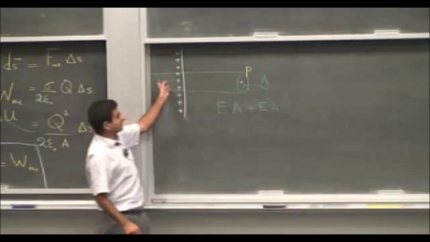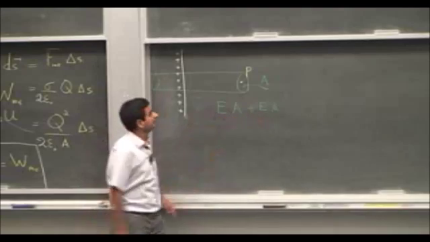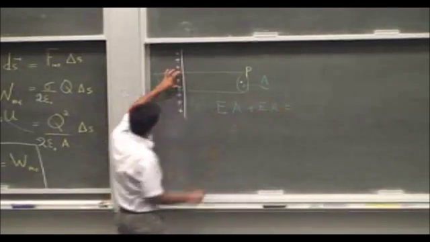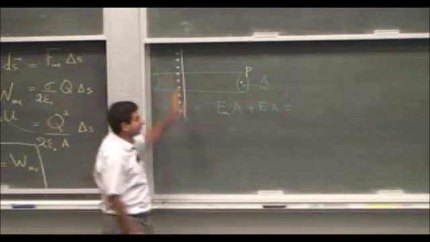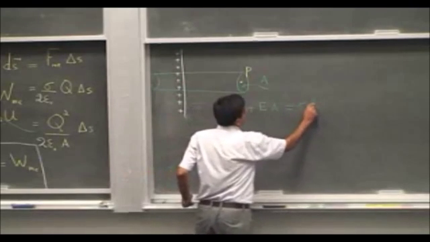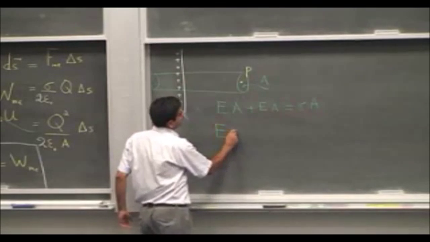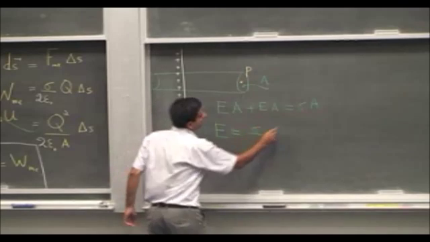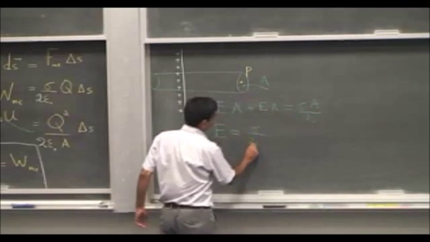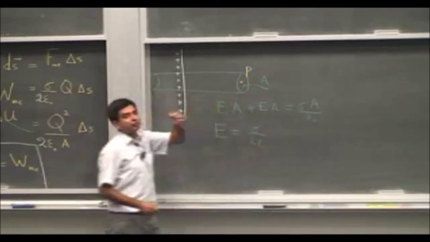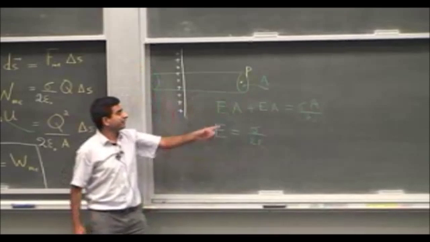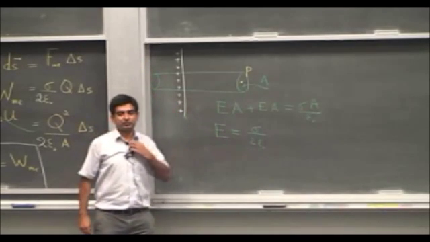So the flux passing through this surface is also EA. And the charge enclosed is the charge enclosed in this area, which is sigma A. This gives me the electric field sigma over 2 epsilon naught. So the electric field due to one positively charged plate is sigma over 2 epsilon naught.